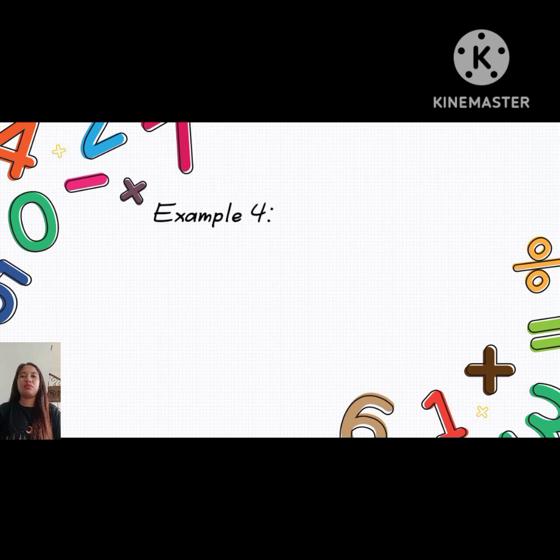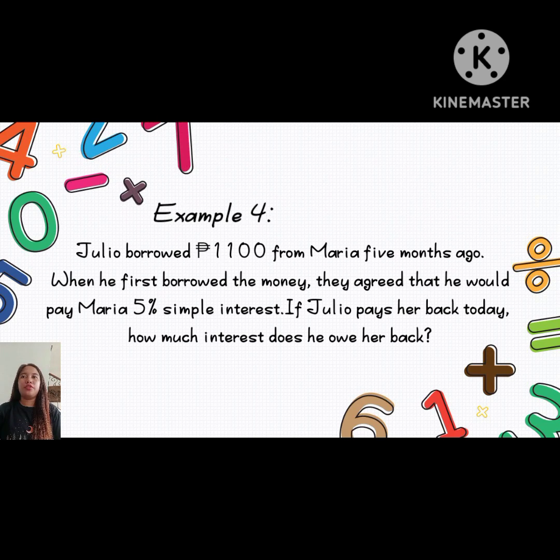Let's have example number 4. Julio borrowed 1,100 pesos from Maria 5 months ago. When he first borrowed the money, they agreed that he would pay Maria 5% simple interest. If Julio pays her back today, how much interest does he owe her?